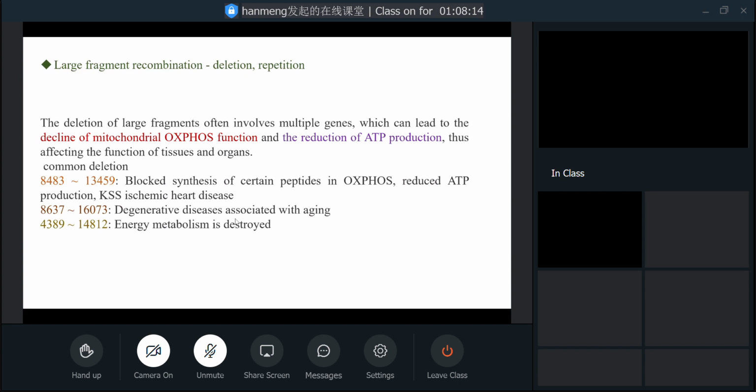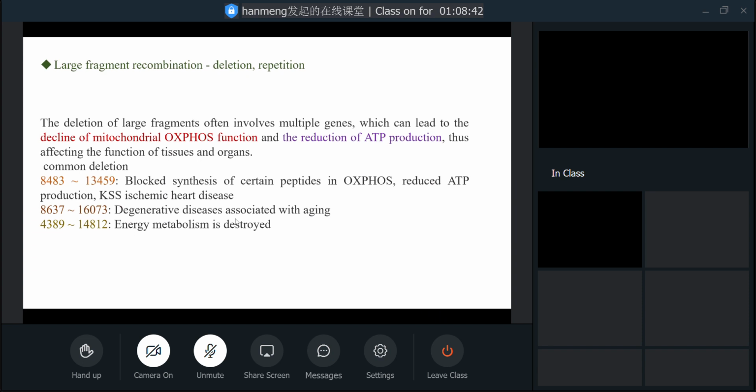For example, the KSS, ischemic heart disease, and in the 8,137 to 13,033 deletion, it is a degenerative disease associated with aging.